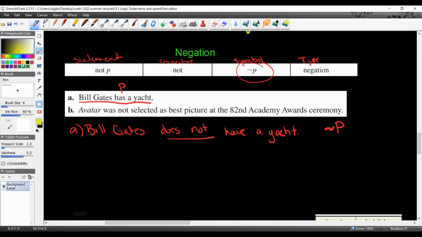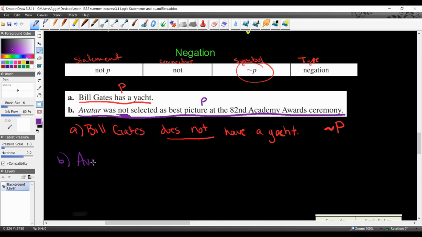Let's look at the second example. Let's use purple. The second one says Avatar was not selected as Best Picture at the 82nd Academy Awards ceremony. In this one, it's kind of a long one. We have it was not selected as the Best Picture at the 82nd Academy Awards ceremony. In this one, my P is this entire thing. If I was going to do not P, for letter B, it's kind of like you have a not and a not. So the nots are going to cancel out, so to speak.